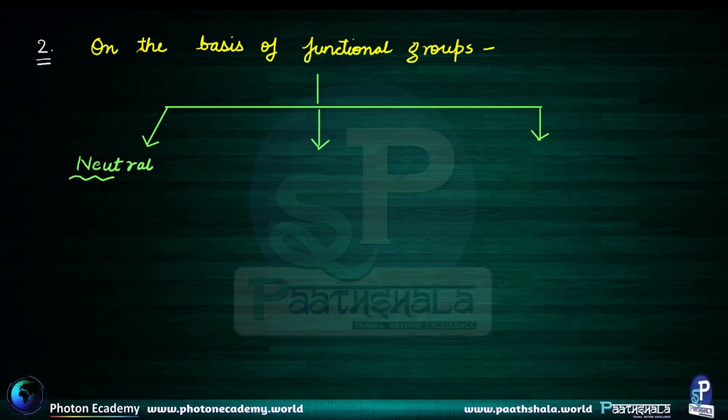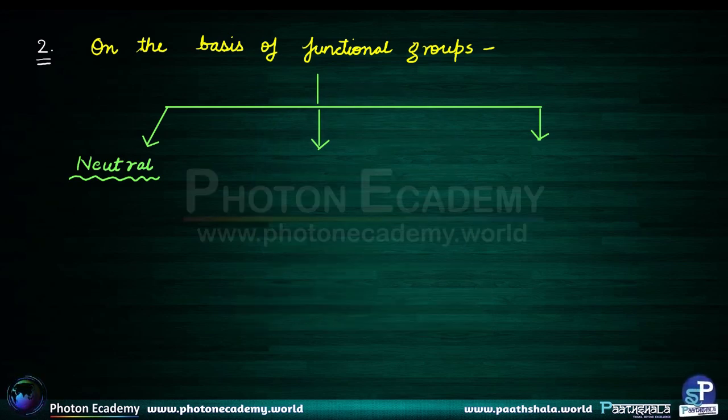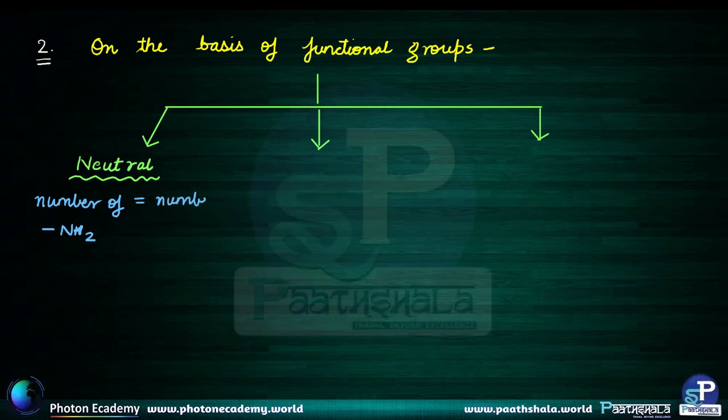As the name suggests, neutral means that the number of amino groups and the number of acid groups will be the same. So if we are to represent it, the number of NH2 becomes equal to the number of COOH.